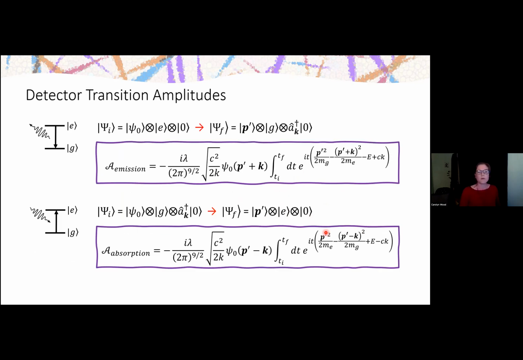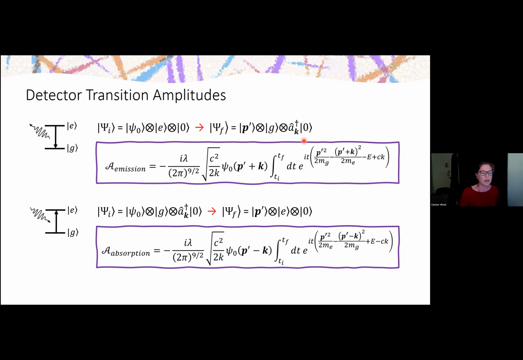So what does this mean for, say, emission and absorption processes? Looking first at the emission process, we have a system beginning in a state where the detector's center of mass is in some generic state here. The internal state is excited, and the field is in the vacuum state. And then it drops to the ground state and emits a packet of energy into the field.